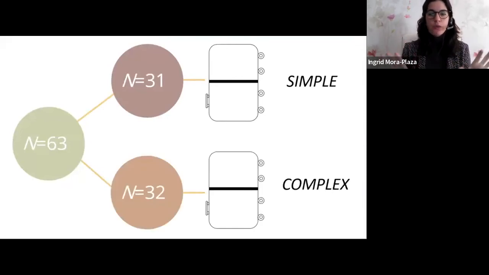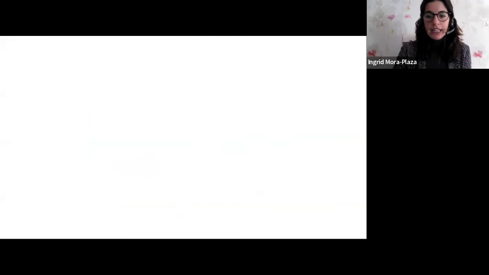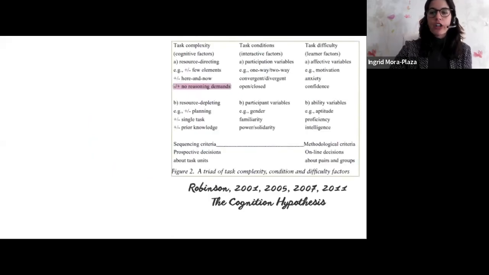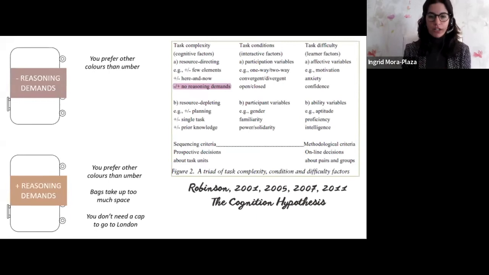So these groups were comparable in terms of demographic and also their linguistic background. And task complexity was operationalized following the cognition hypothesis by Peter Robinson, that is, tasks from the simple group included less reasoning demands, hence conditions to consider, than those from the complex group.